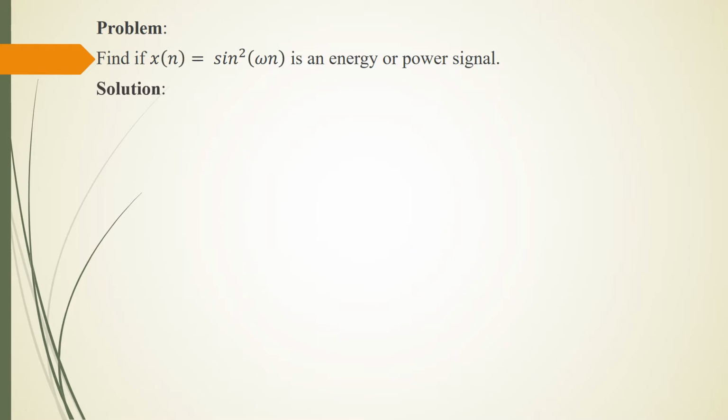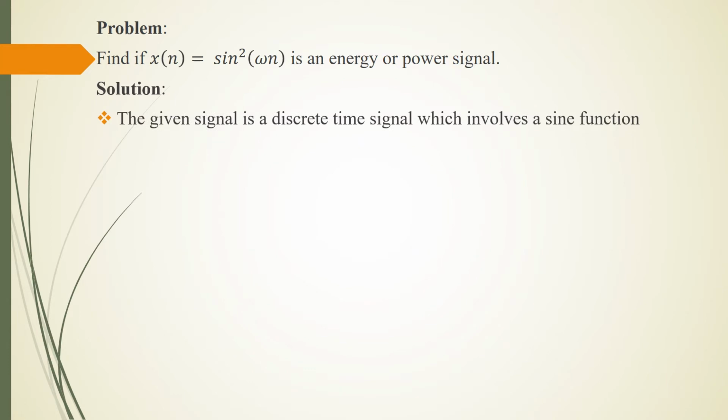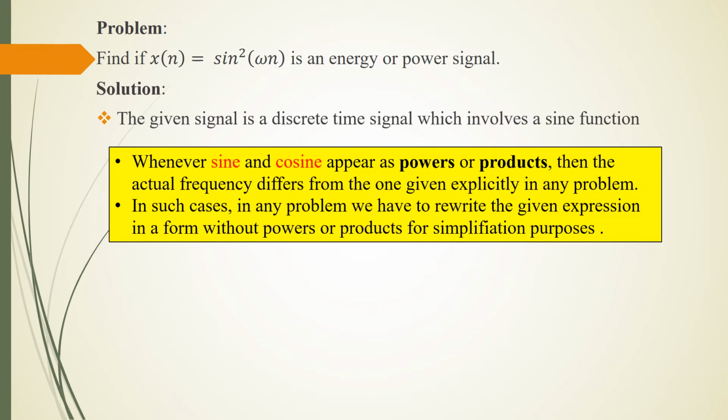When we see the question, we can identify that this signal is a discrete time signal which involves a sine function. There is a tip for all of you at this point. Whenever a sine and a cosine function appear as powers or products, then the actual frequency differs from the one given explicitly in any problem.